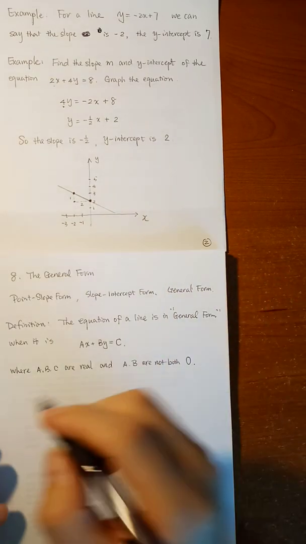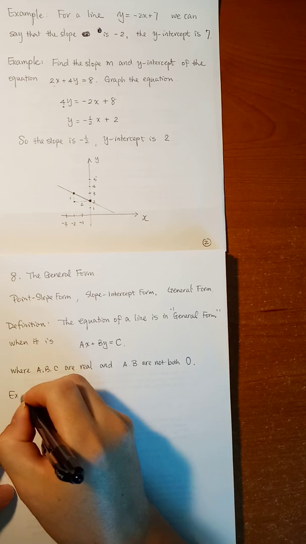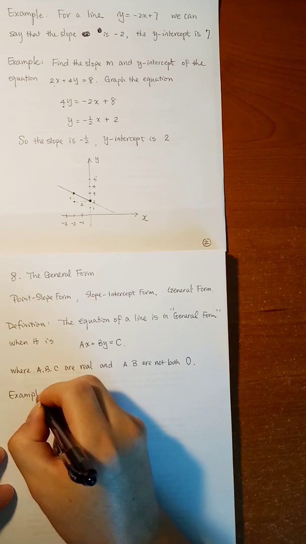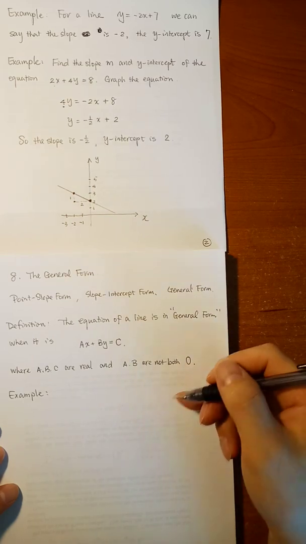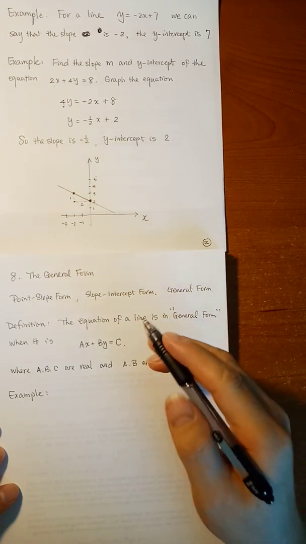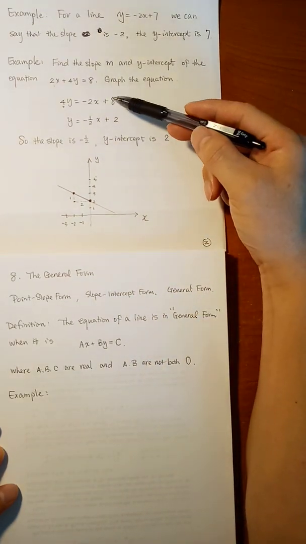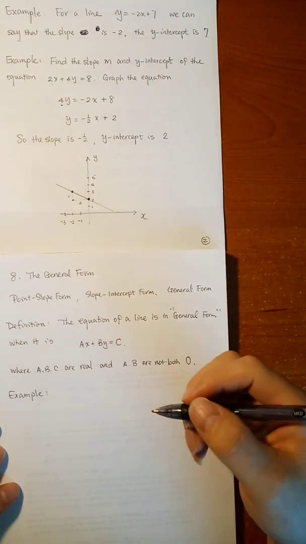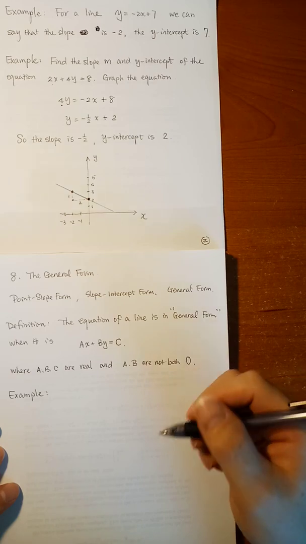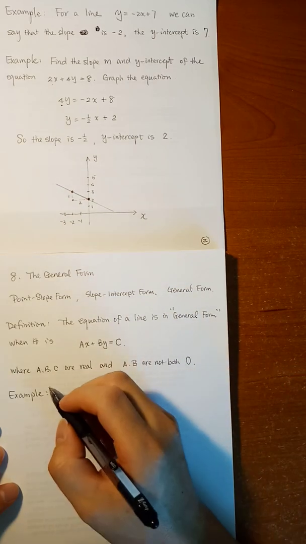Now let's see some example in this part. Assume we have the general form. We want to graph it, but we don't want to write it like the other forms and do it. We're going to first find the intercepts and then graph it. How do we do that? Let's see.